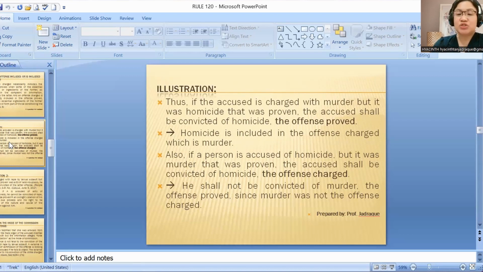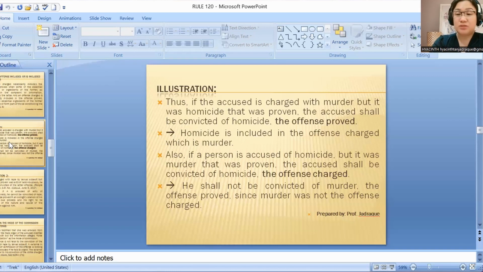Thus, if the accused is charged with murder, but it was homicide that was proven, in other words, the elements of homicide were proven, which are also elements as charged in the information for murder, then the accused shall be convicted of homicide, the offense proved. Now, homicide is included in the offense charged, which is murder.